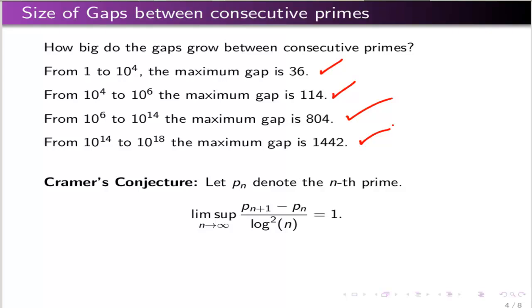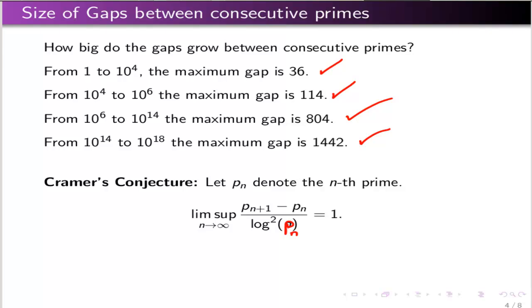Now there's a conjecture of Cramer that quantifies just how small that gap size is, and it says the following: the lim sup as n goes to infinity of P_{n+1} minus P_n, so that's the gap size, divided by the square of the logarithm of the value that you're sitting at, P_n.